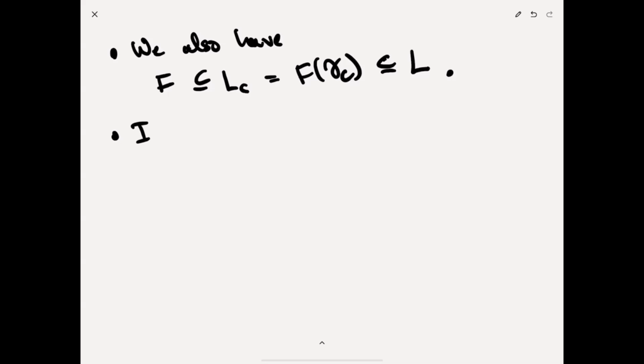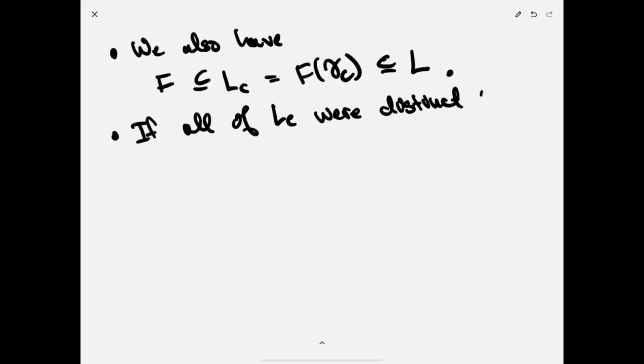I said that there's infinitely many, but we really don't know that there's infinitely many. If all of the L of C were distinct, this would contradict the finiteness of the number of intermediate extensions.